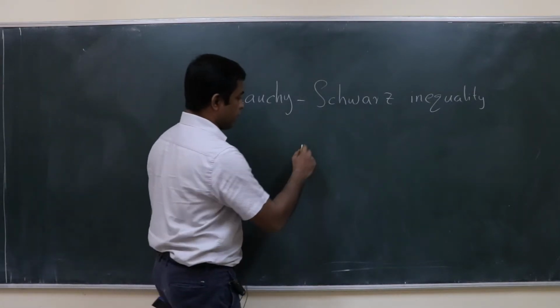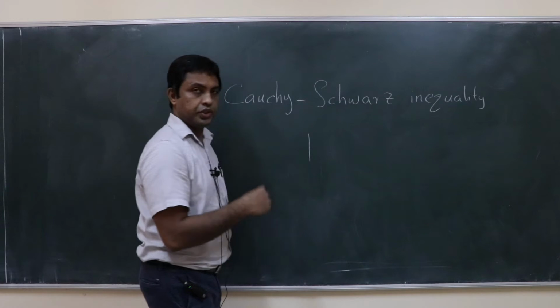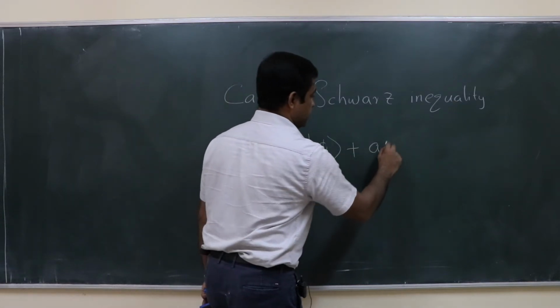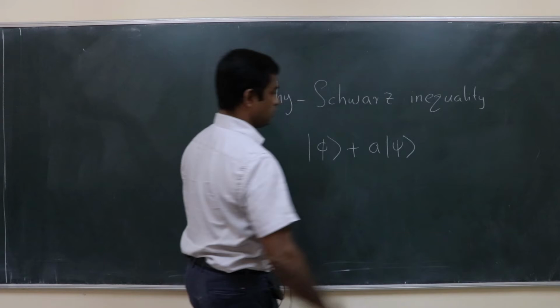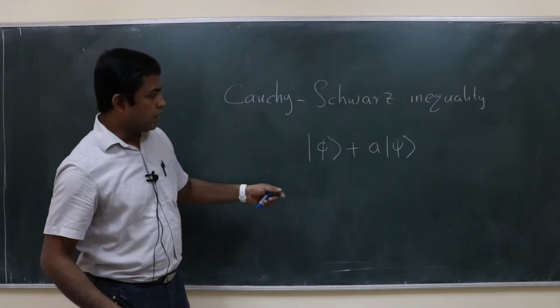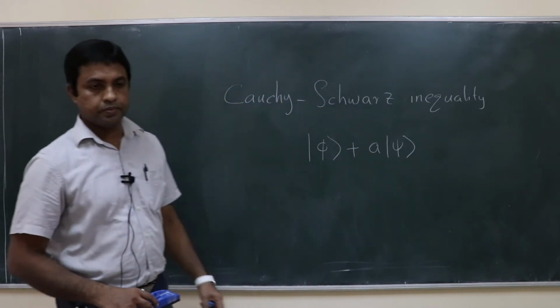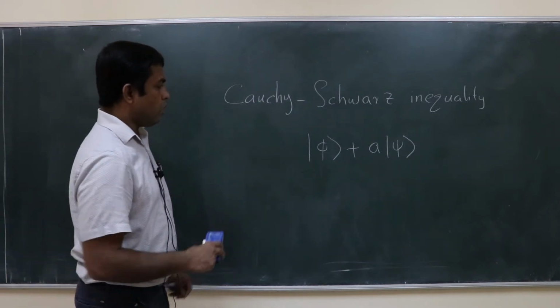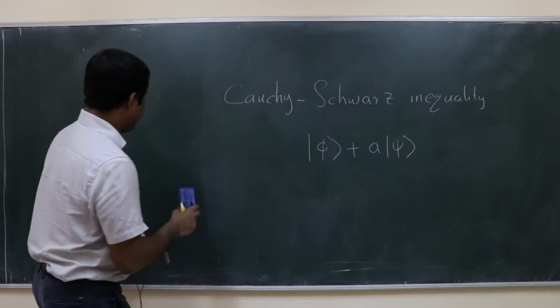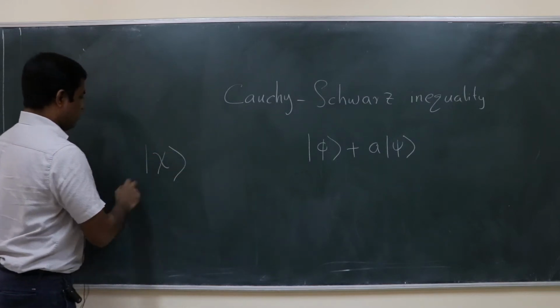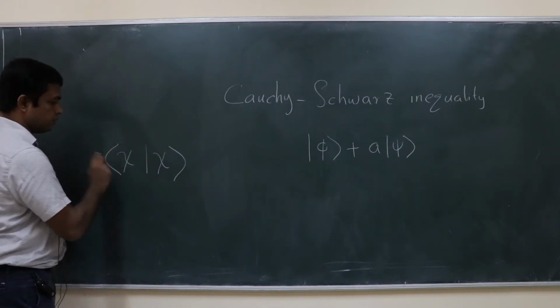So suppose I have a vector ket phi plus a psi. So this is a vector, where a is a complex number. Okay. So if I take any vector, for example any vector chi, what will be this quantity?